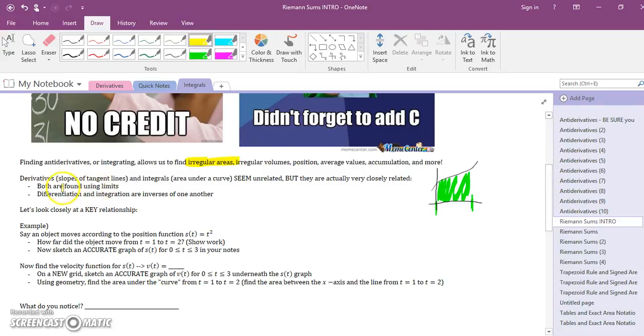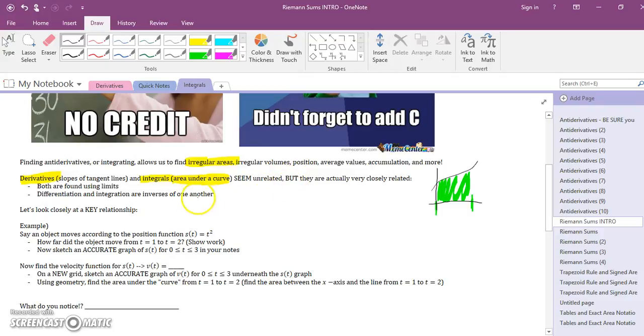So we've done many months of derivatives so far, basically slope of a tangent line. We're now about to start integrals, which is area under a curve most commonly. And those two are going to seem very unrelated. There's a very famous theorem, the fundamental theorem of calculus, which will connect those, but they seem unrelated right now.